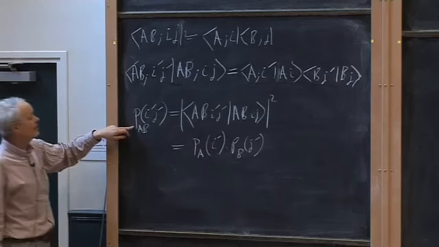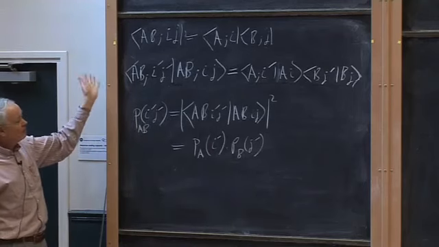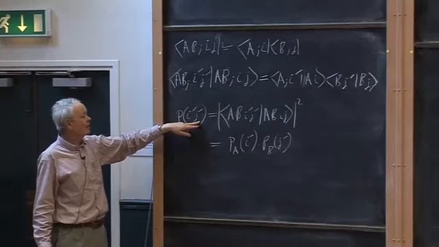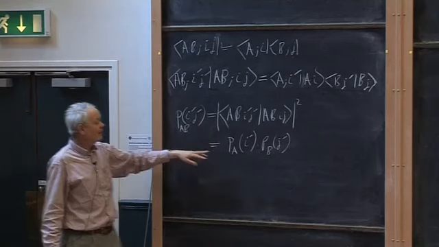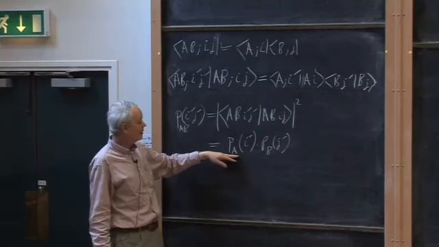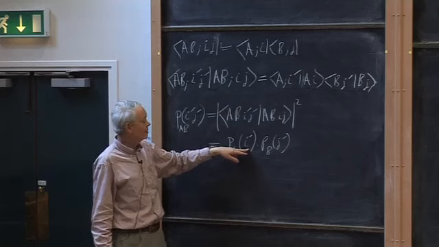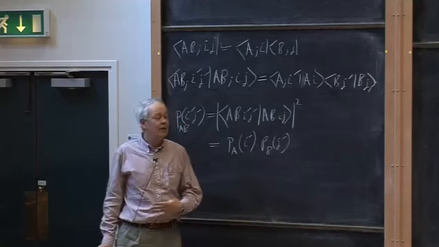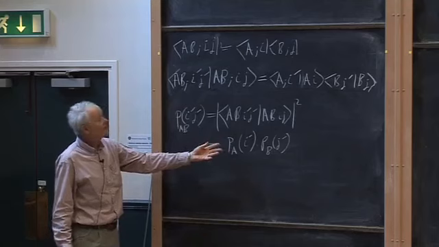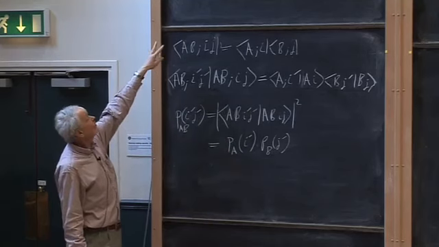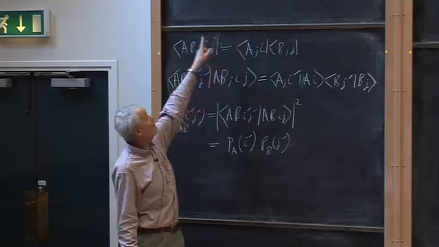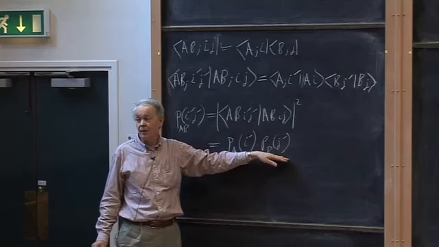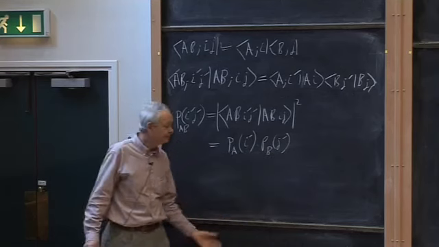So the probability that if I take measurements on my combined system, I find that A is in the I prime state and B is in the J prime state, is simply the product of the probabilities that the A system is in the I prime state and the B system is in the J prime state if you make individual measurements. So it makes perfect sense, and it's motivating. This is why we write the ket of the compound system like this. This symbolic multiplication is inherited from this law for multiplying probabilities in probability theory.